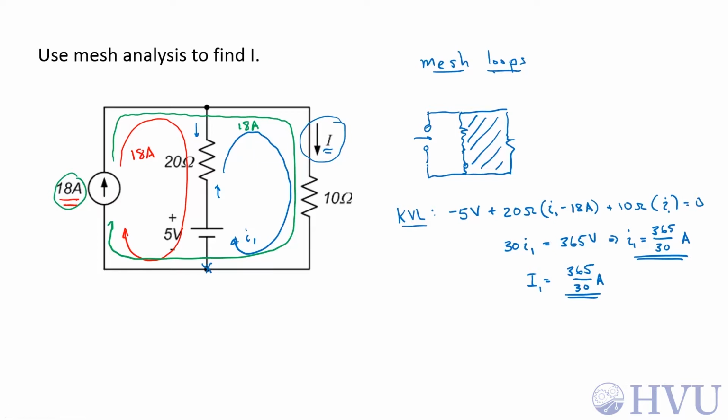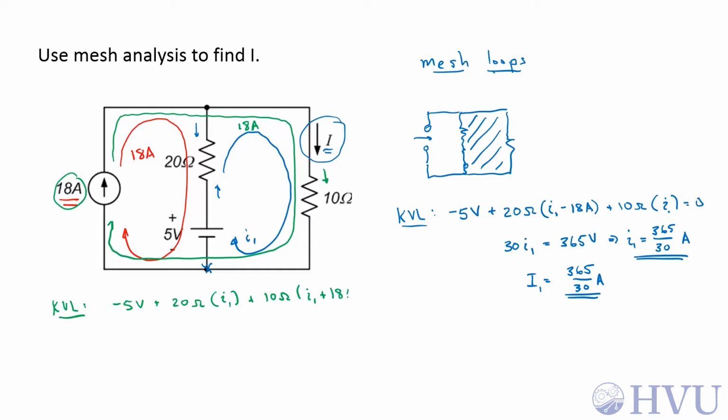Now my mesh current, I1, hasn't changed, so I still get KVL. Still going around I1, I have a minus 5 volts plus 20 ohms. Now the only current going through the 20 ohm resistor is I1, plus 10 ohms. But now I have I1 going through this resistor, and I also have 18 amps in the same direction.